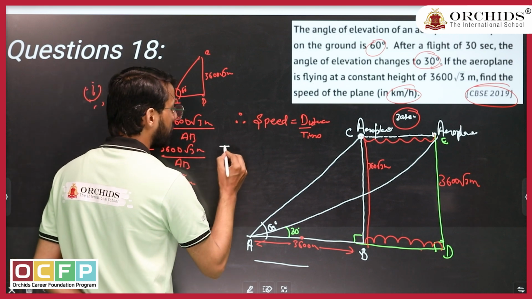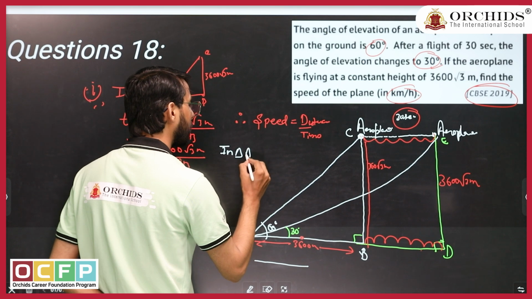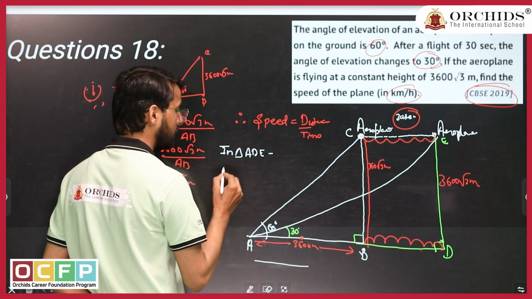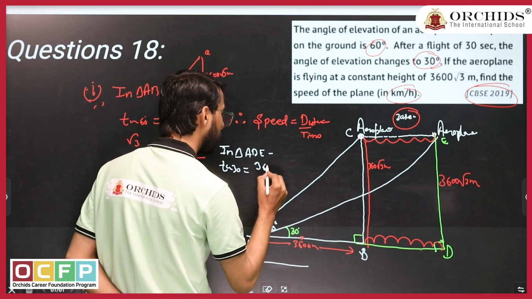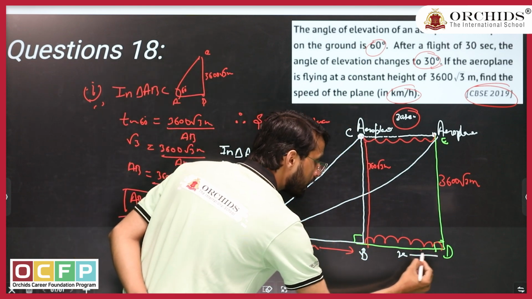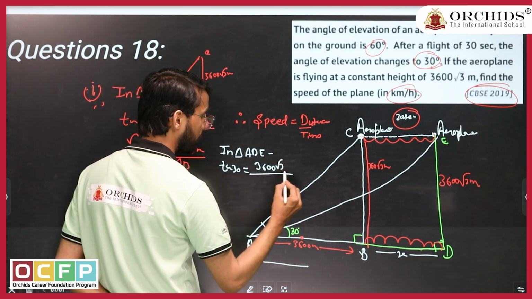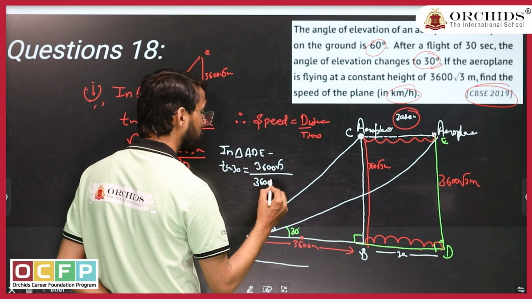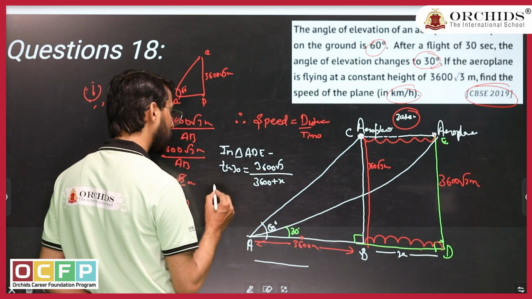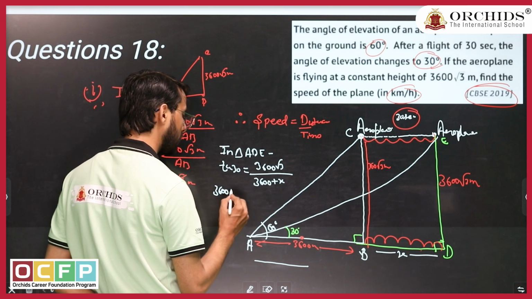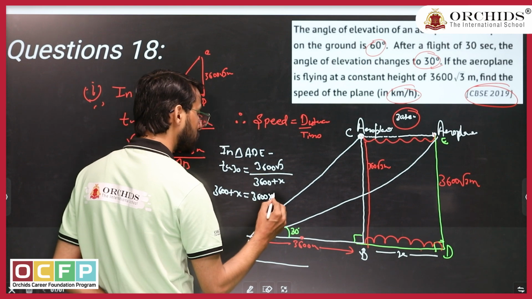First I have to go for triangle ADE. Quickly I will write tan 30 is equal to, height remains the same. Suppose this length I am taking as x. So 3600 root 3 upon 3600 plus x. Now tan 30 is 1 by root 3. If I cross multiply, it will become 3600 plus x is equal to 3600 into 3.